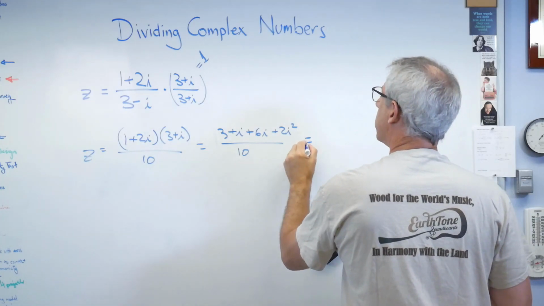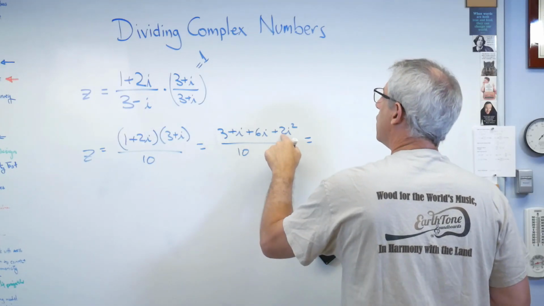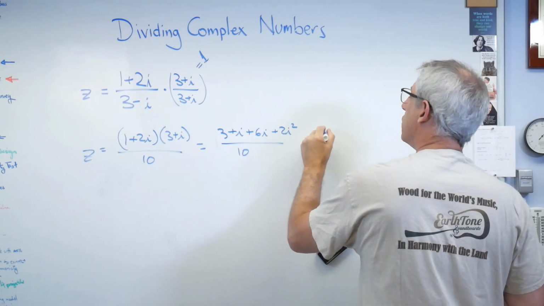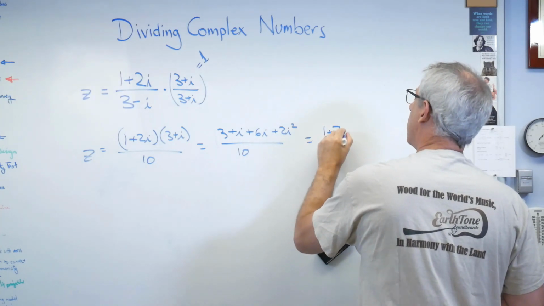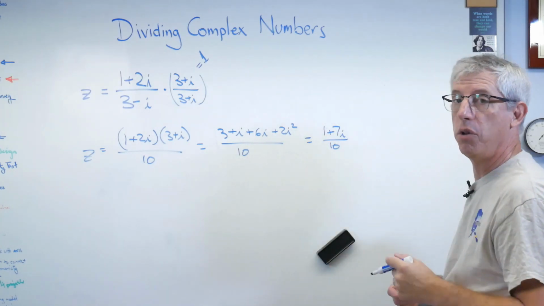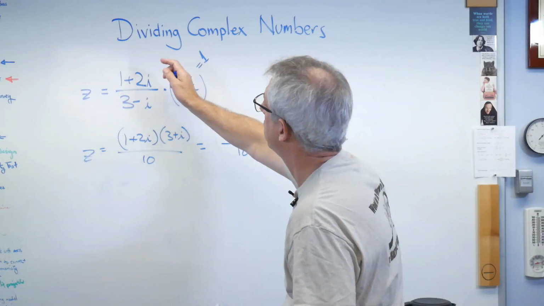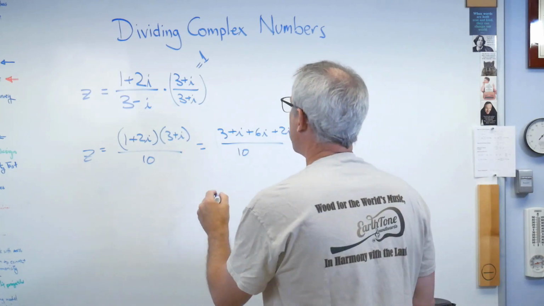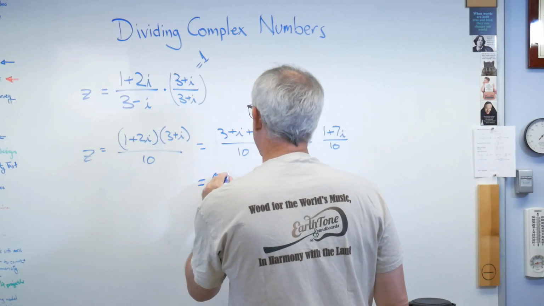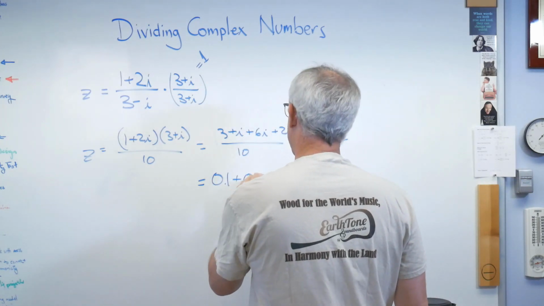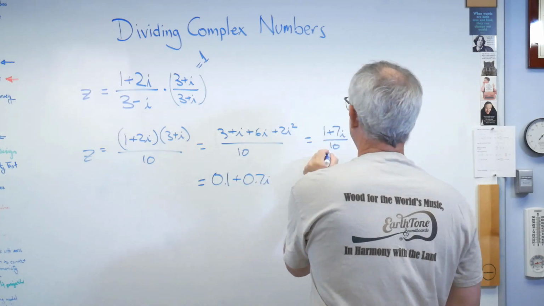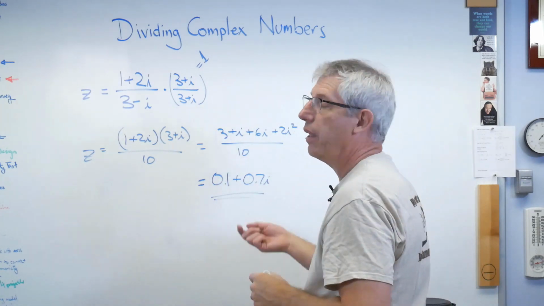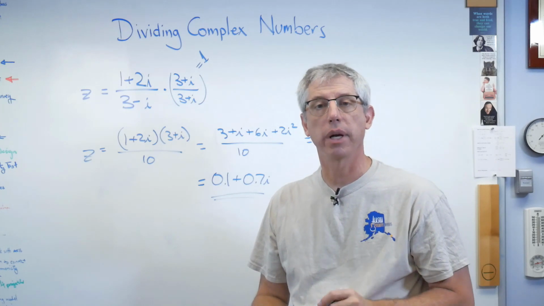Alrighty, looks to me like that's going to be 2 times minus 1, so that's 1 plus 7i over 10. And if you plug this into your programmable calculator, MATLAB, MathCAD, whatever, it comes out as 0.1 plus 0.7i. Well, that's this. So there you go. That's how to divide complex numbers.